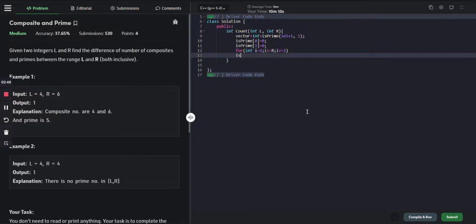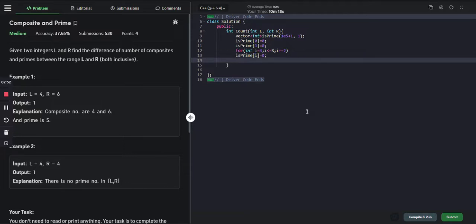I need to mark all of these numbers as not prime. Now, all the even numbers have been marked not prime, so we need to consider only the odd numbers to see if they are prime or not.